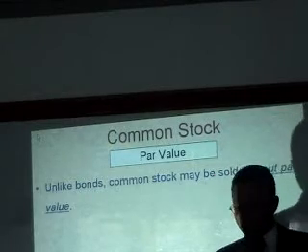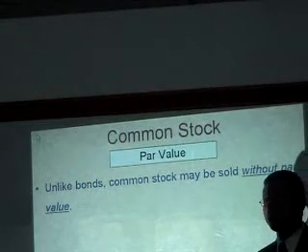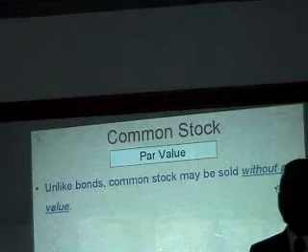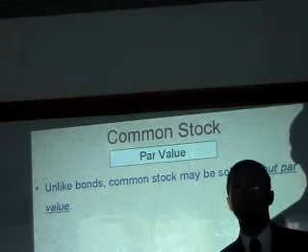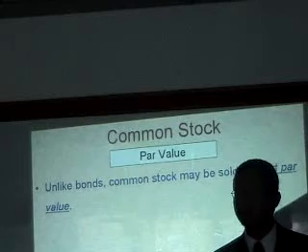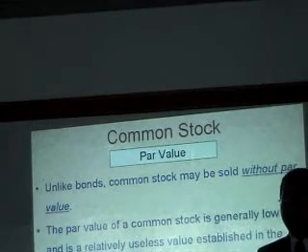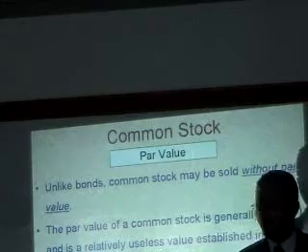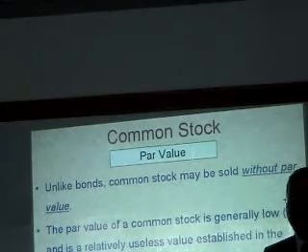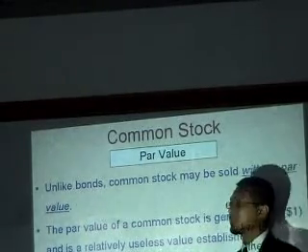Unlike bonds, common stock may be sold without par value, because we look at the market value. The par value of the common stock is generally low, 1 ringgit, and is a relatively useless value established in the firm's corporate charter.